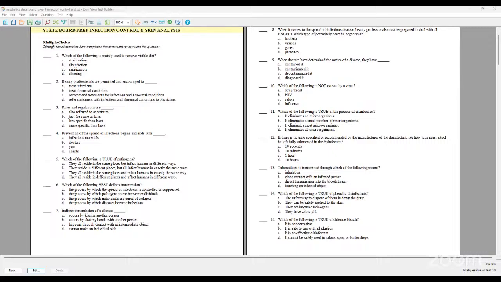Can anybody tell me what's been in the news lately about beauty products and carcinogens? Anybody keeping up? Cancer. Yes, cancer. Y'all, now they found it in braiding hair, but also in hair products, also in relaxers.